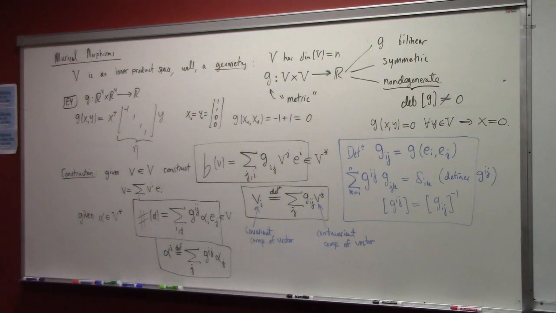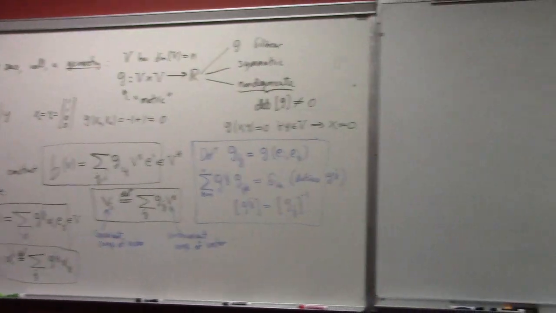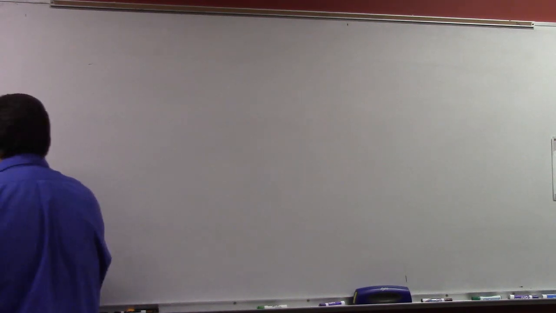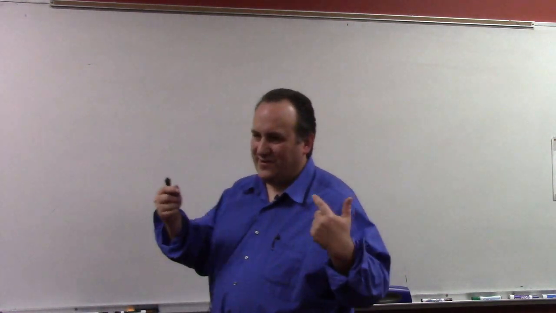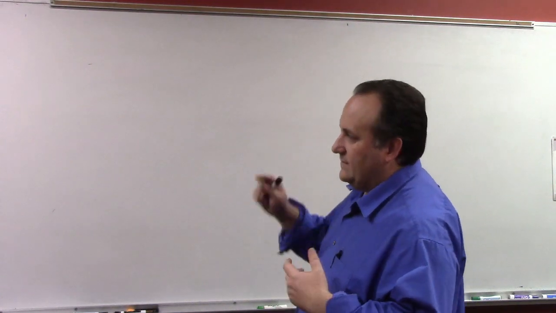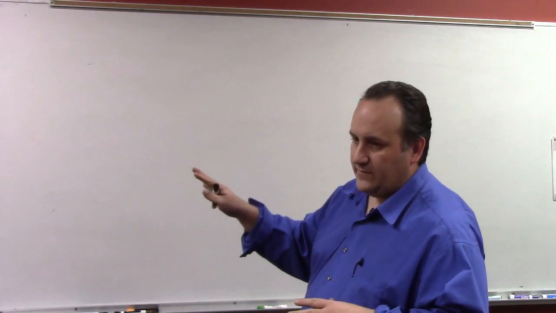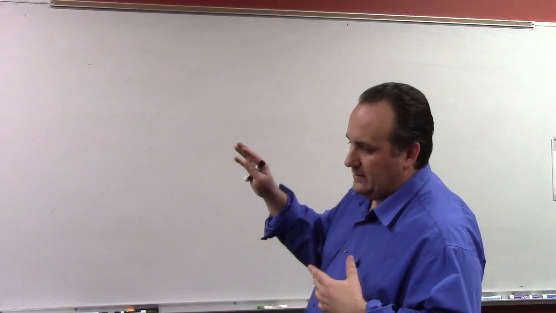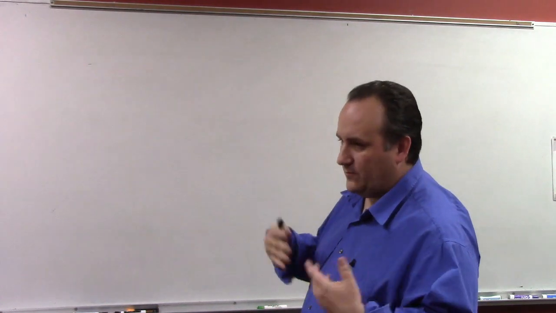And the dependence of the metric on the point underlies the geometry of the space which we're modeling. At the moment I'm just talking about the geometry of a vector space, which is kind of boring because it's a flat space. But if you're talking about a curved space and a metric tensor field, it can have a coordinate dependence, and then the inverse metric will also have a coordinate dependence, and you get all kinds of interesting formulas. This can be used to derive the coordinate formulas for divergence and curl in other coordinate systems and things like that.